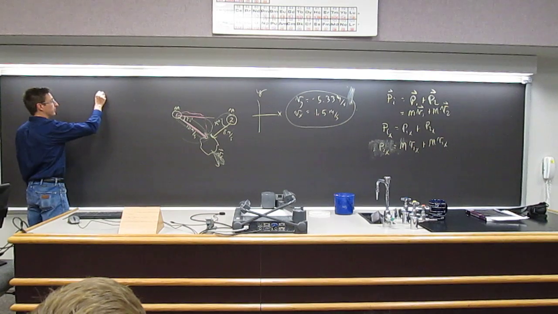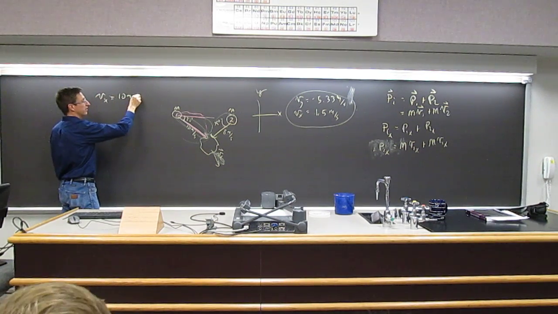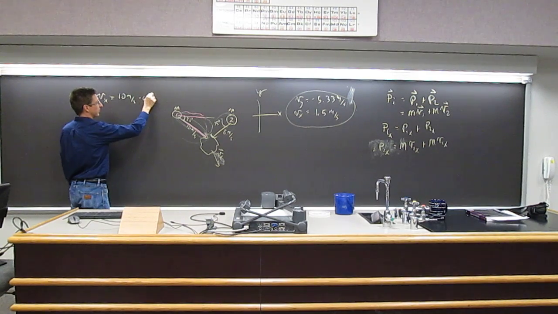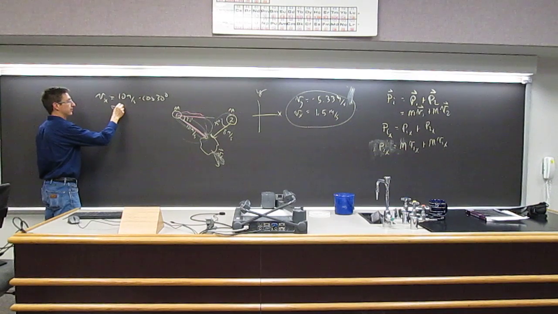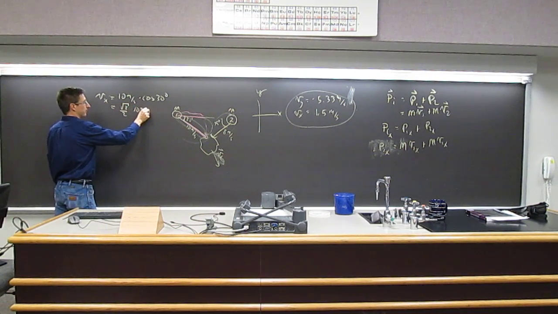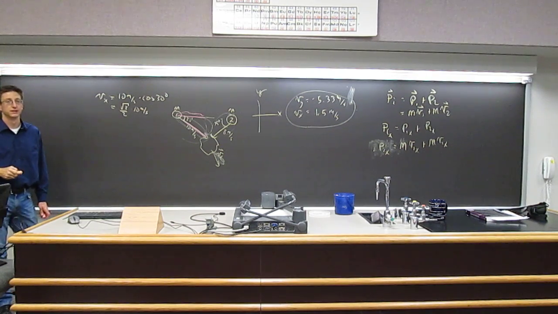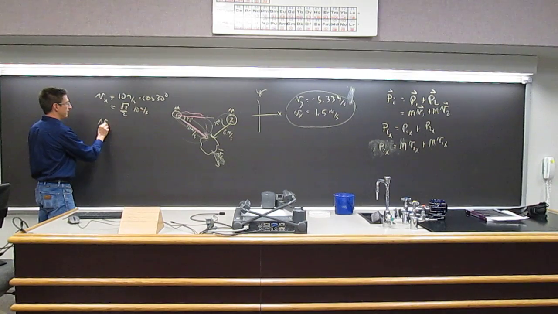Yep, so V1x is 10 meters per second times cosine of 30 degrees. And that's square root of 3 over 2 times 10 meters per second. Okay, how about V2x?